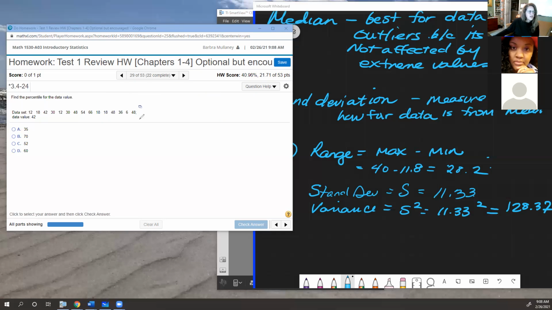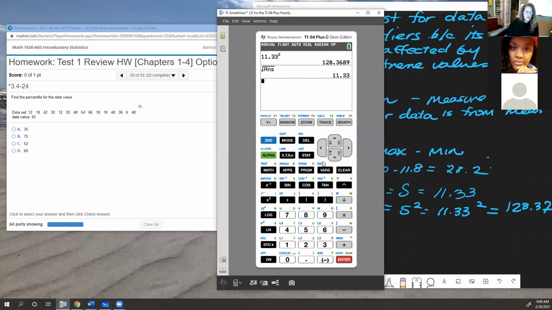All right, so this is a calculator activity. We're going to have to order this first, unless you want to do that by hand. So let's put the data in our list.